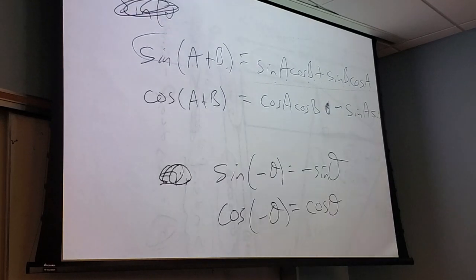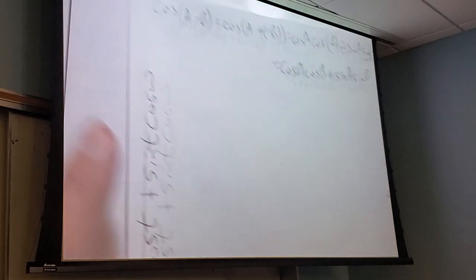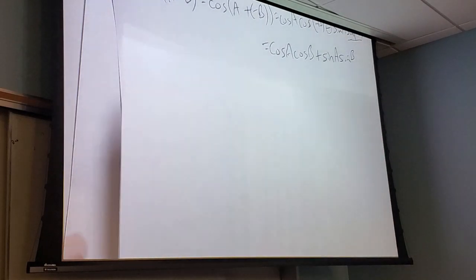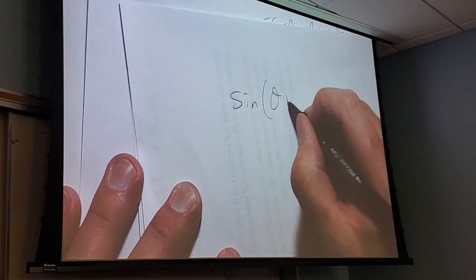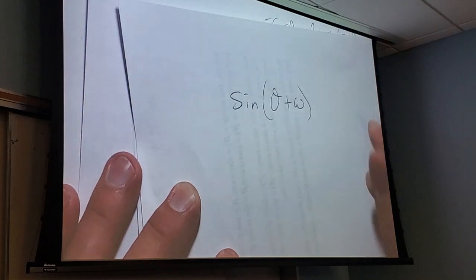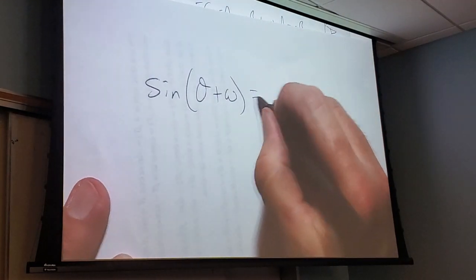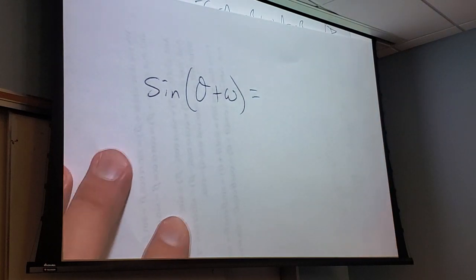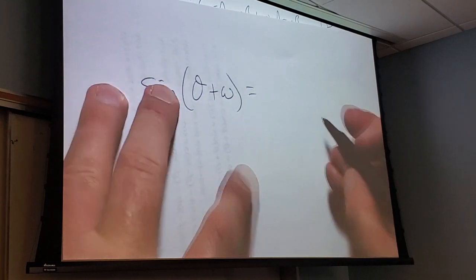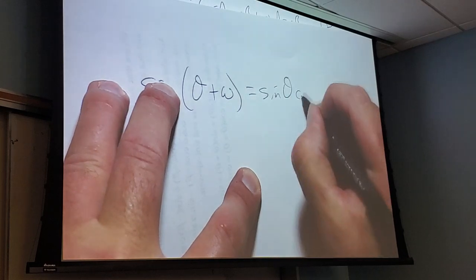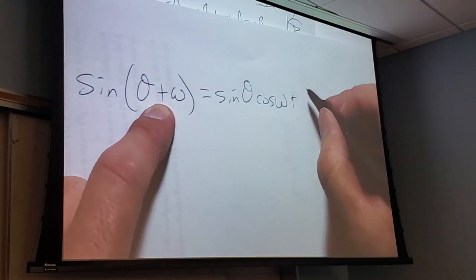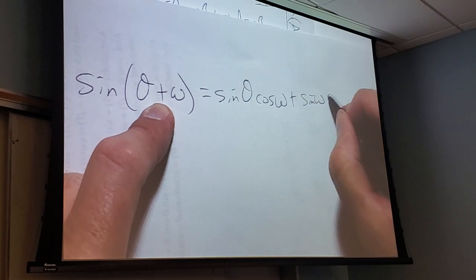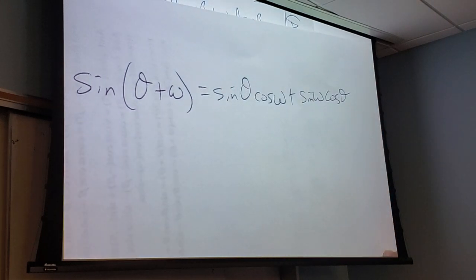So let me give it to you in one more way, just to make sure you really get this. Sine of theta plus W. So what do I think when I see this? Sine is a nice guy, so it's going to take turns. I'll do this one, you do the other one, cosine. We'll keep it plus because we're nice. And then I'll do this one and you do the other one, cosine. Okay, we'll work together, right?